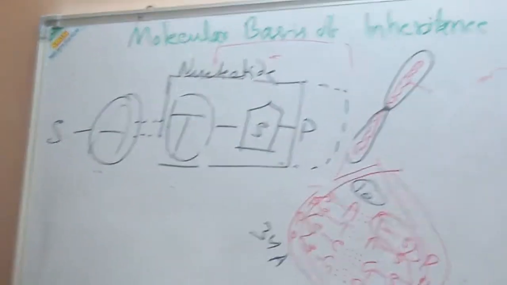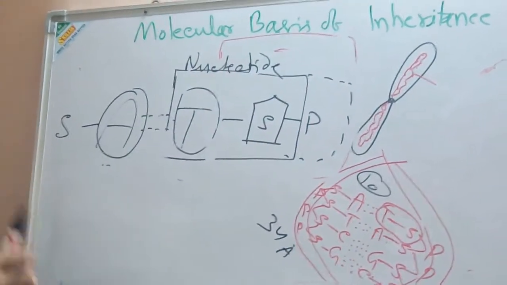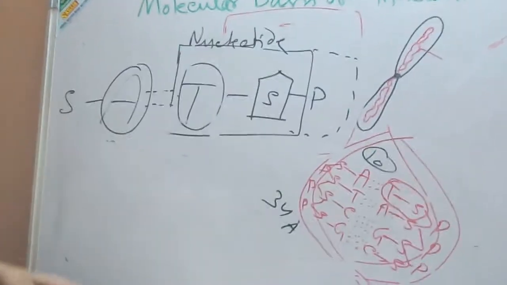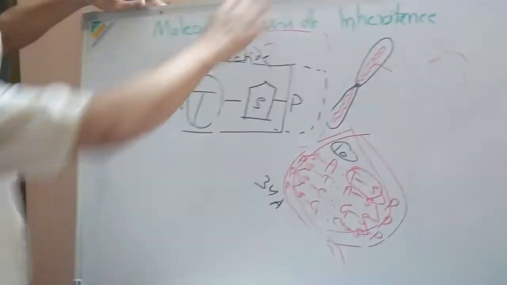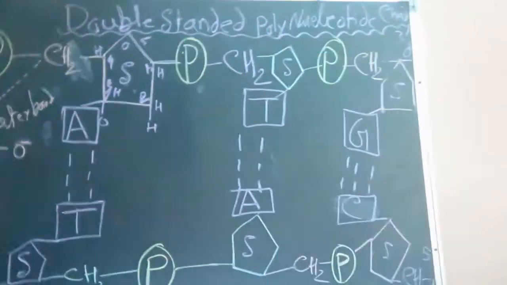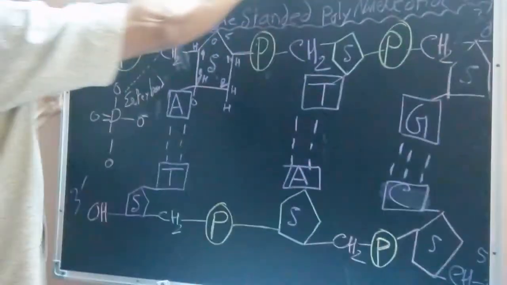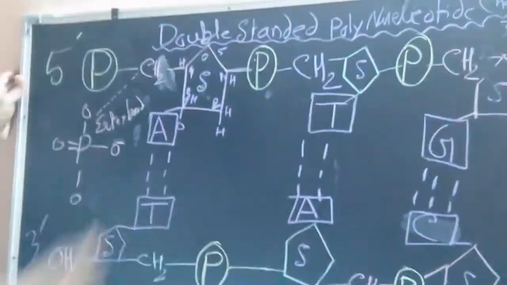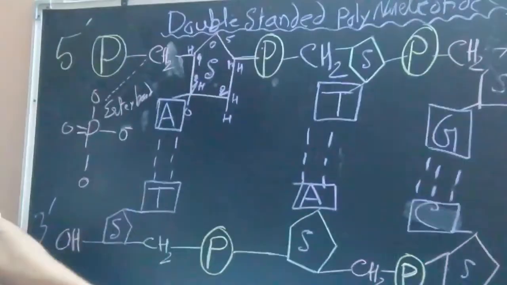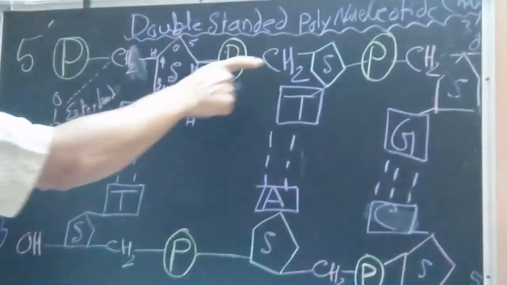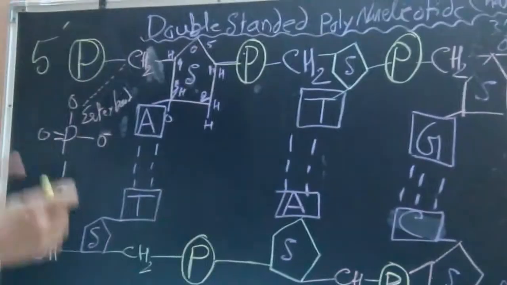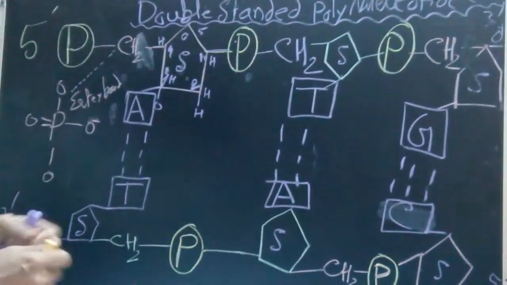How it is 5' and 3'. I will show you another structure, so I have to change my board. Look carefully. Double strand polynucleotide. First of all, where is our nitrogenous base?